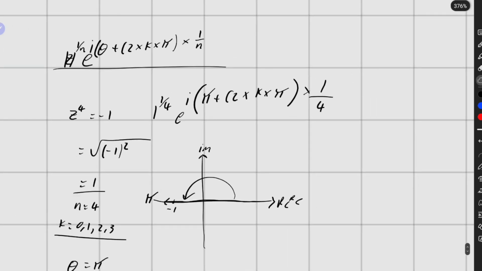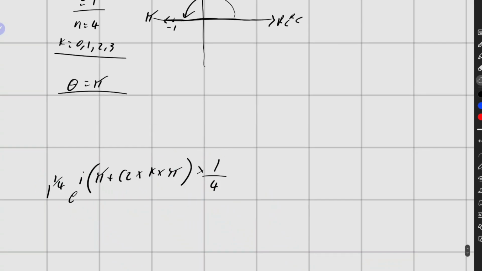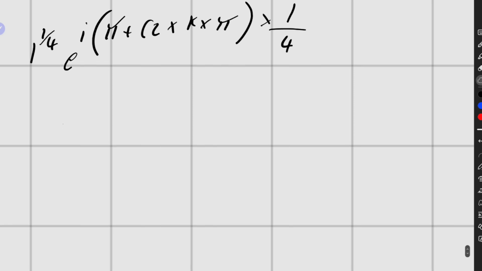Alright, it's getting a bit messy, so I'm going to move this down here. I'm going to do this once, and then for the rest of the times, just know you substitute k in. 1 to the power of 1/4 is just 1.